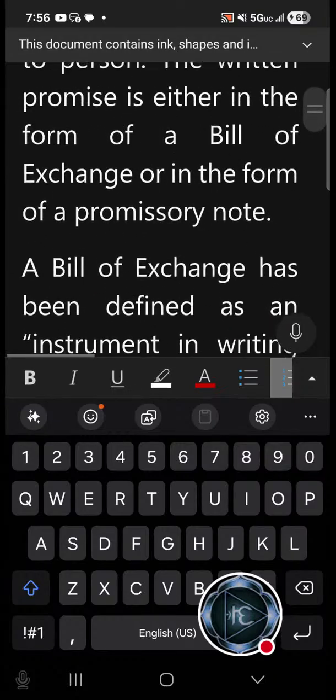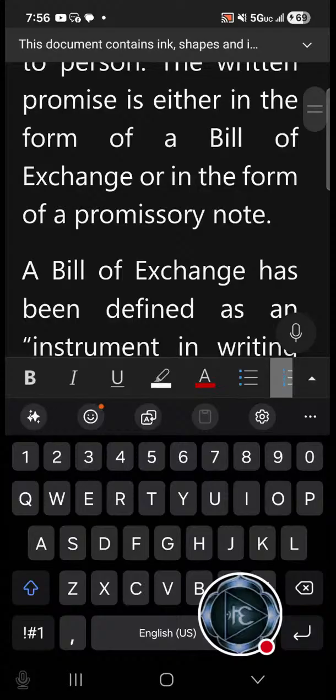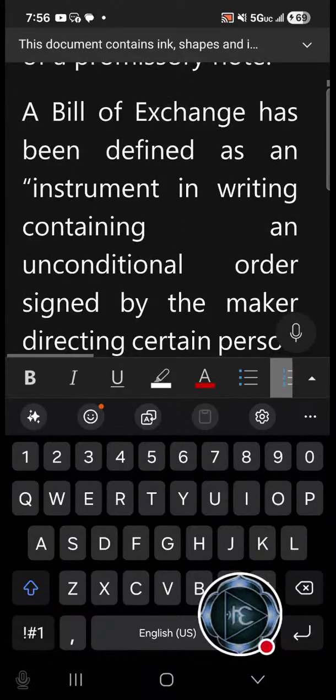Okay, that is not a bill of exchange as it has been defined.